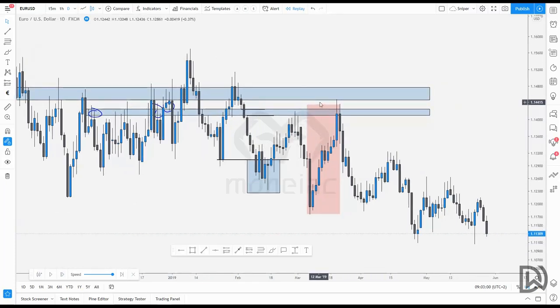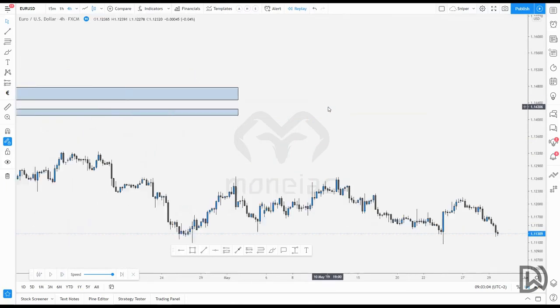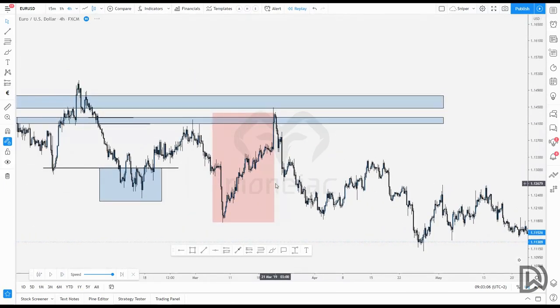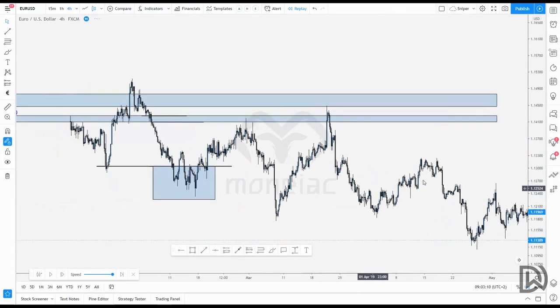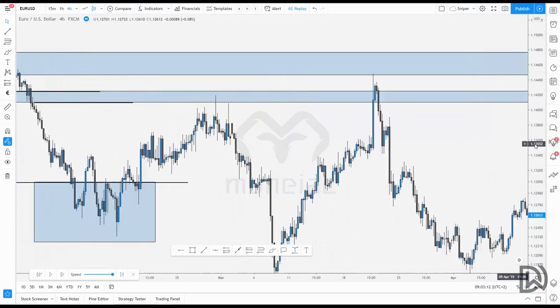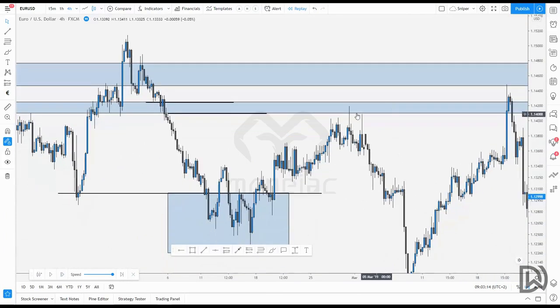So in this area, if we drop to the 4 hour, let's just take this away. What do we see on the 4 hour? Well, this first sell-off, we can see on the 4 hour, we have an order block as well.